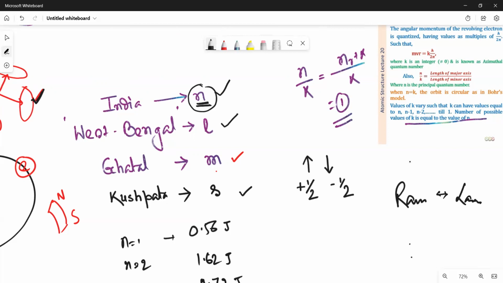So in this case the Pauli exclusion principle works, that there must be some difference so that I can differentiate, okay, this is Ram and this is Lakshman. So in case of electrons, remember this thing: all four quantum numbers cannot be the same for any two electrons in a single atom.